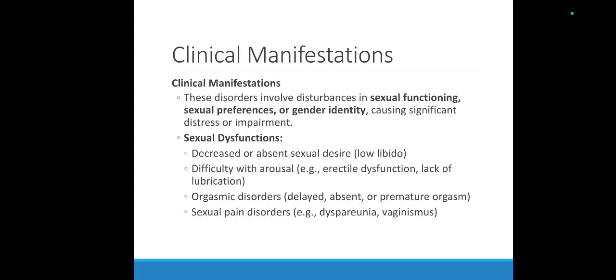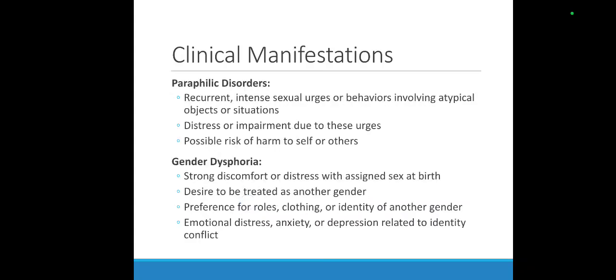Orgasmic disorders, they experience delayed, absent, or premature orgasm, and sexual pain disorders such as dyspareunia or vaginismus. Paraphilic disorders are recurrent intense sexual urges or behaviors involving atypical objects or situations, distress or impairment due to these urges, and possible risk of harm to self or others.